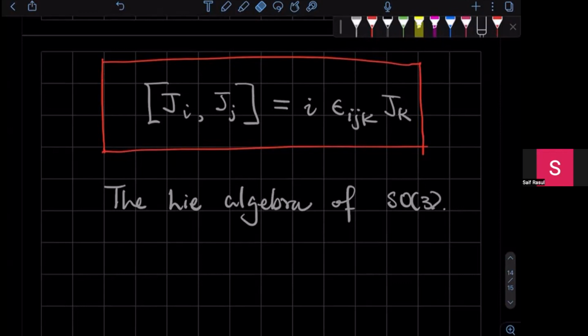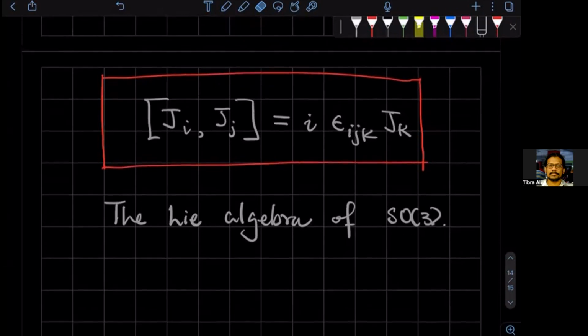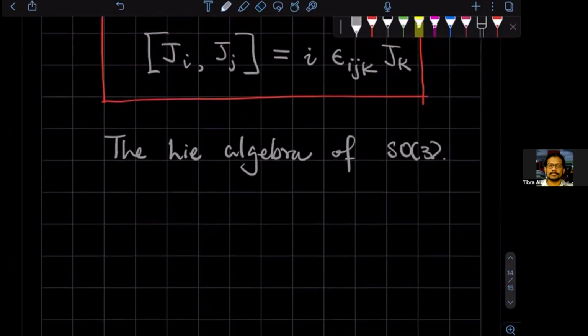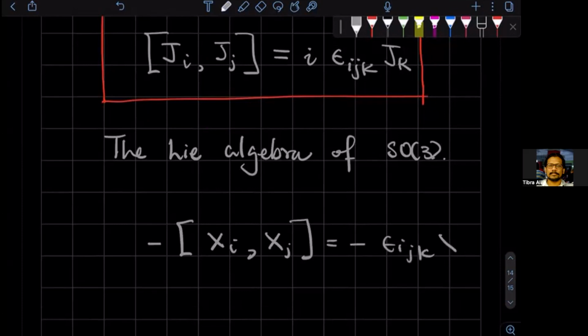Yeah. Are X1, X2, and X3 related to the Pauli matrices? They are related. Yes. The J's are more closely related to the Pauli matrices than the X's because, I mean, you can express this now in terms of, say, X's, right? Then you'll have the commutator of Xi and Xj is minus epsilon ijk Xk, right?